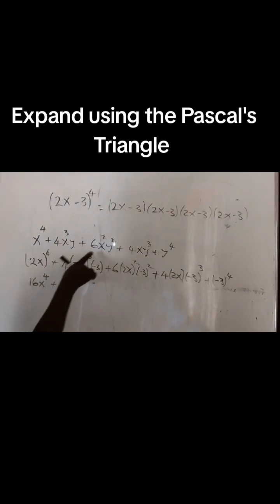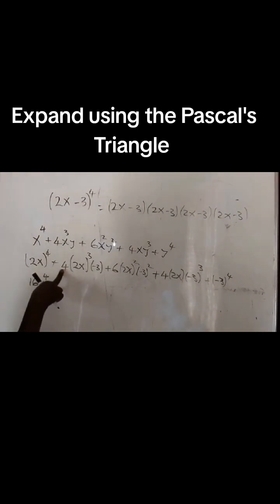Now, multiplying this throughout, you will have 2 to the power 4, that is 16x to the power 4, plus 2 cubed is 8, times 4 you get 32, and 32 times negative 3 you get negative 96x cubed.